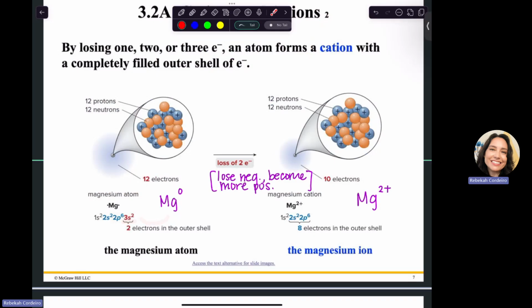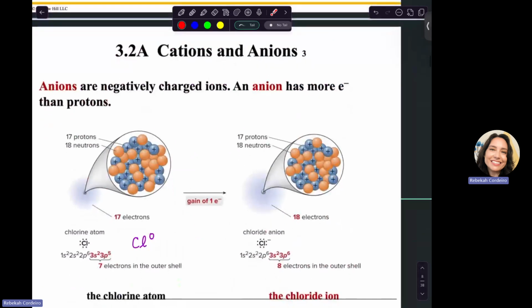It's easier to lose a smaller number than to gain a bigger number. Here we can either lose all 7 or gain 1, and gaining 1 is going to be a lot easier. When we gain 1 electron, our charge is now 17 protons minus 18 electrons, which gives us a -1 charge. So we say Cl-, or Cl minus 1.